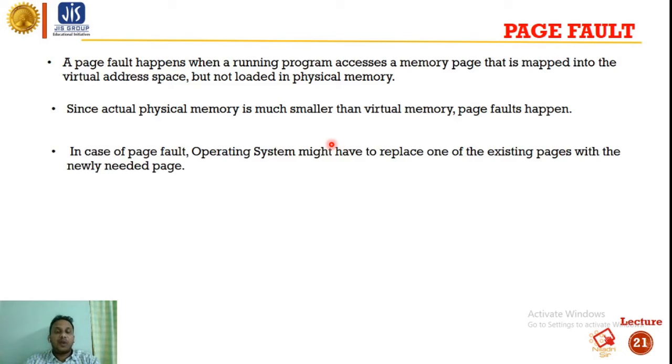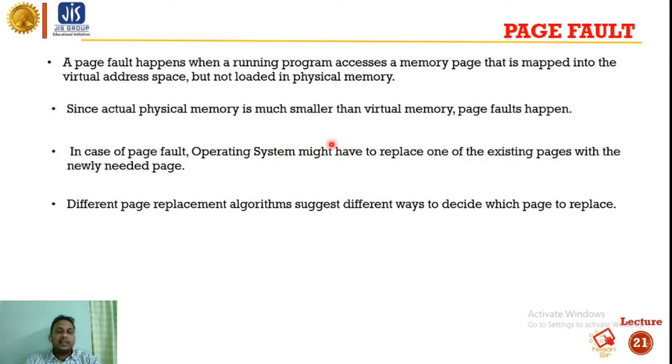In case of page faults, the operating system might have to replace one of the existing pages with the newly needed page. Different page replacement algorithms suggest different ways to decide which page to replace.